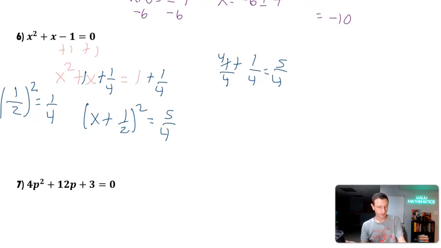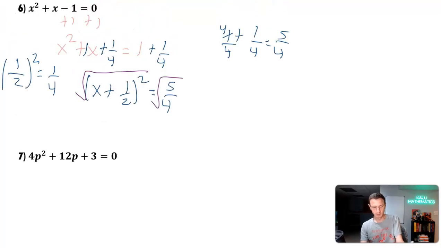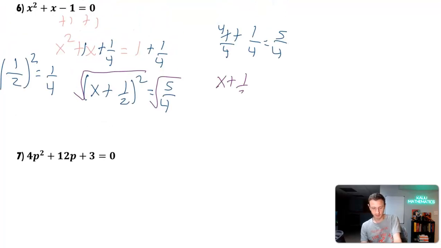Now we have to use that square root property because we have the x term that's being squared by itself. So let's square root both sides. X plus a 1/2 equals plus and minus square root of 5 over 4. This is kind of tricky here because I can simplify this radical: square root of 5 over square root of 4.